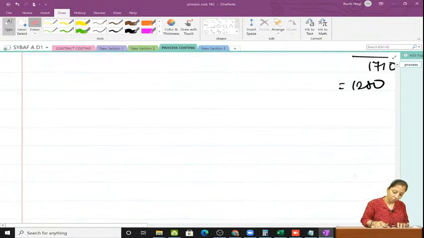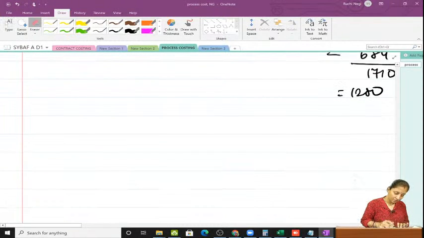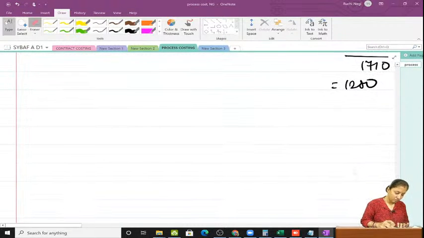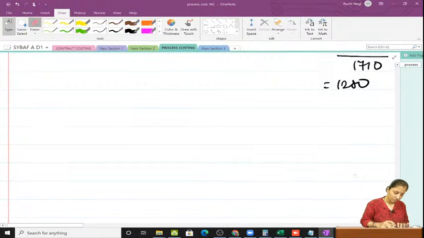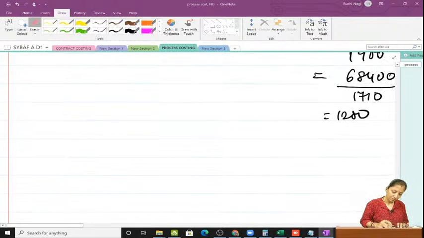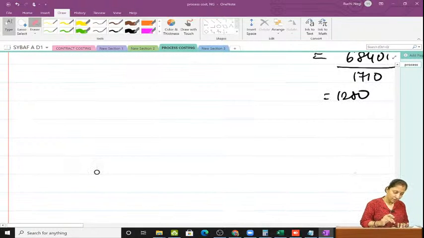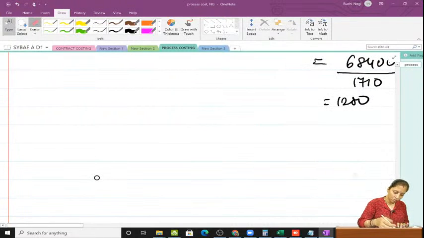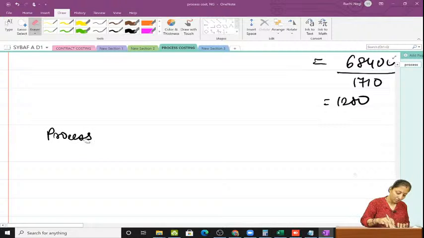We'll give you one more concept on this. So I'm just matching with two more sums. Say if I tell you, write this: process output. Output is say 25,000 units.